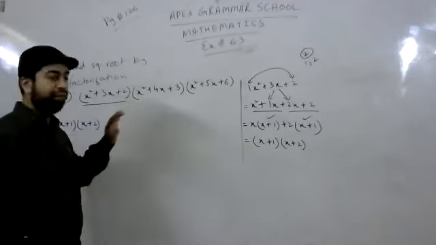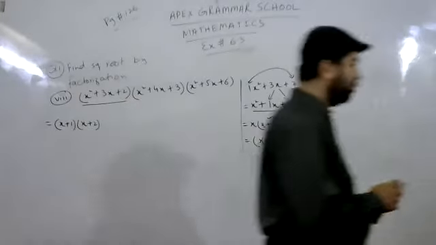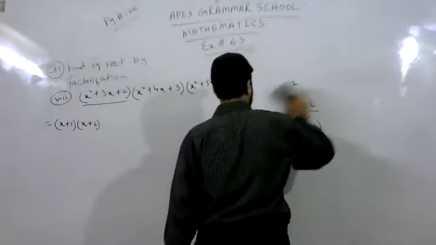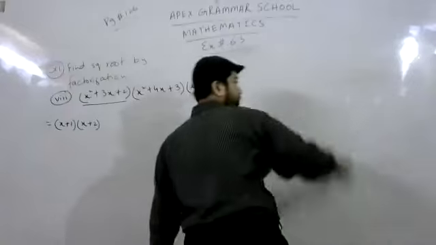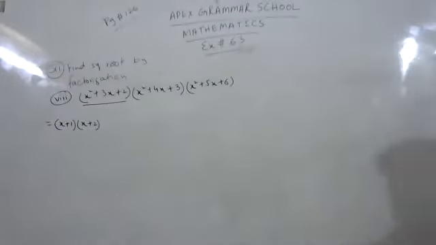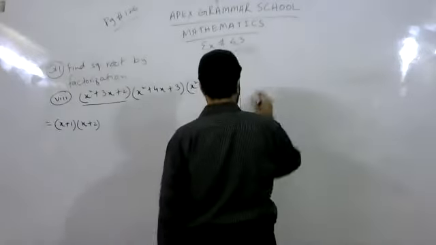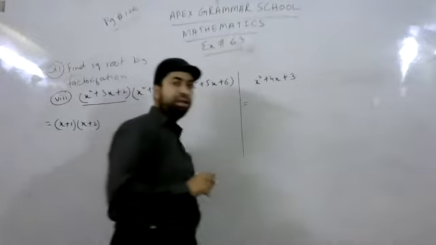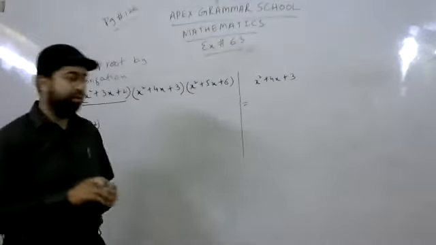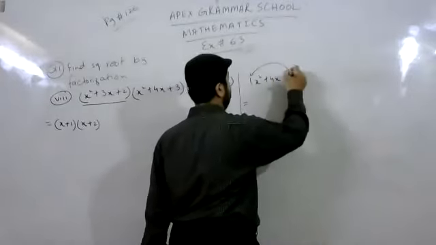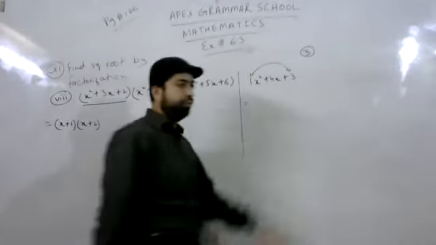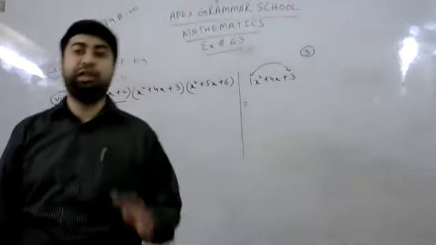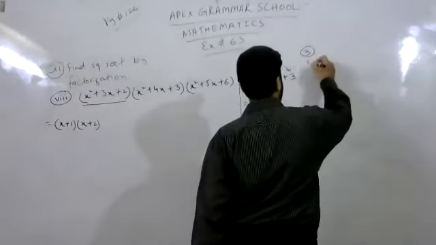After that, we are left with x square plus 4x plus 3. This also requires midterm breaking. The x square coefficient, 1, multiplied by 3 is 3. The midterm is 4, so the two numbers whose multiplication answer is 3 and whose addition answer is 4 are 1 and 3.